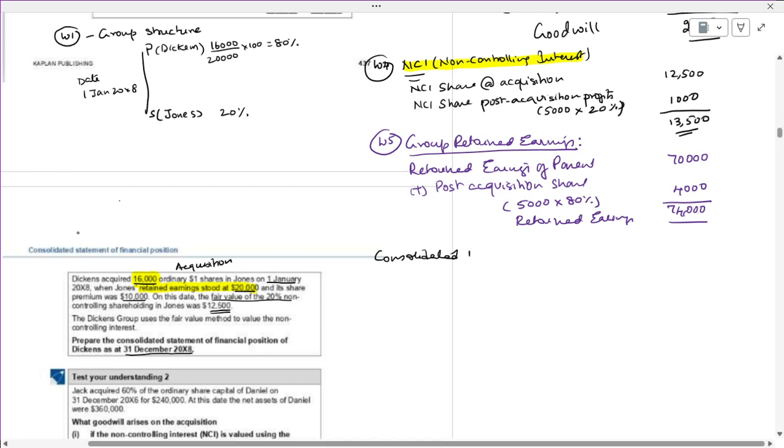Consolidated statement of financial position of Dickens as on 31st December 2008.